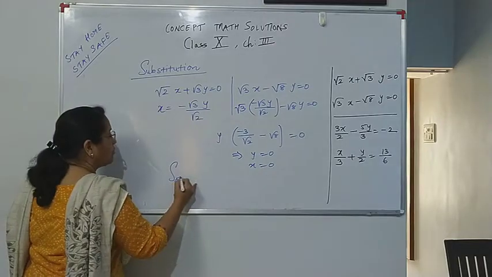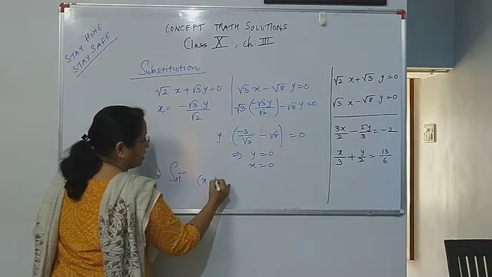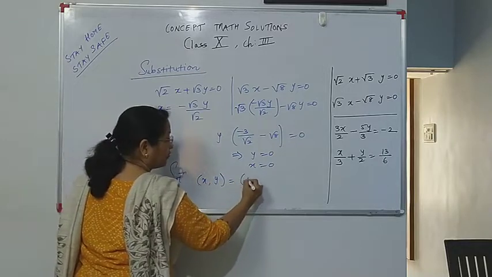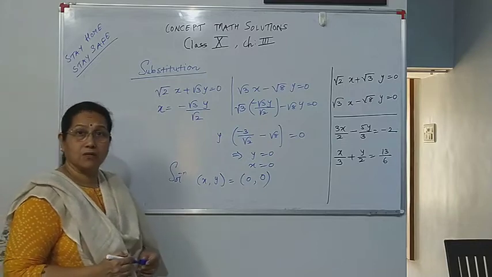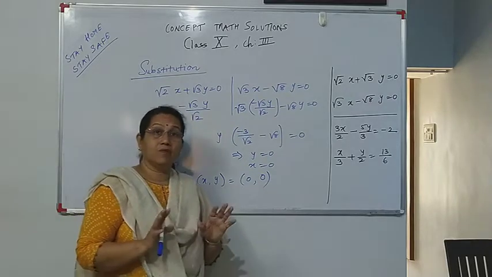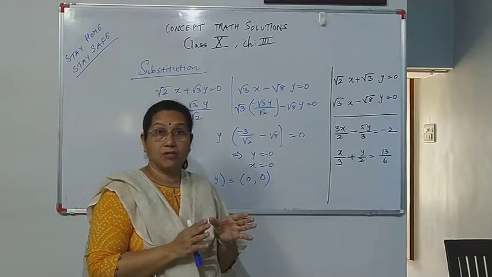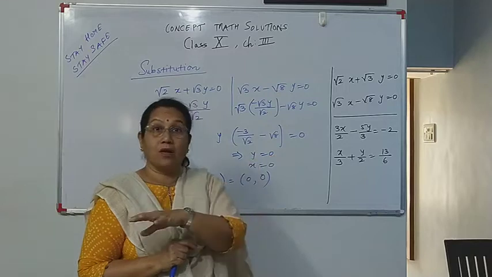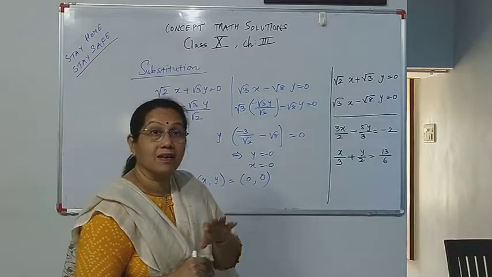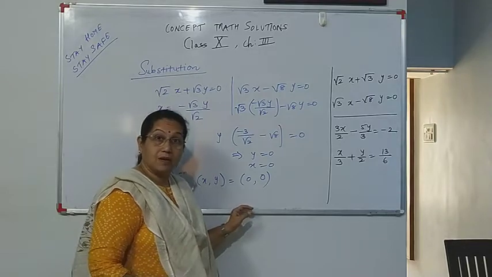That is the solution for these two linear equations. X and y, we always write x first and then y: 0, 0. Linear equation in two variables will have a unique solution, or it can have infinite solutions, or it may not have a solution. Here we are getting a unique solution by solving by substitution, right?